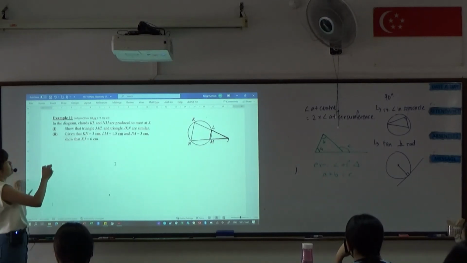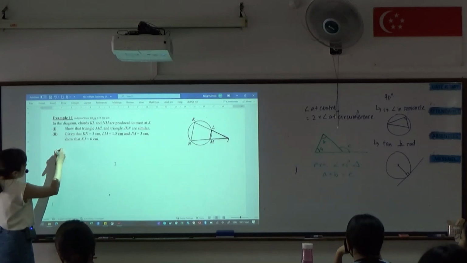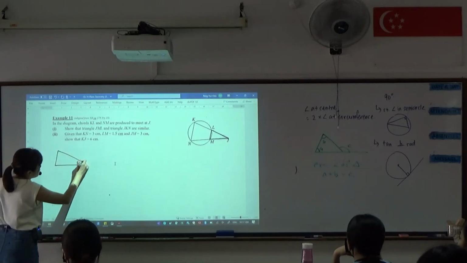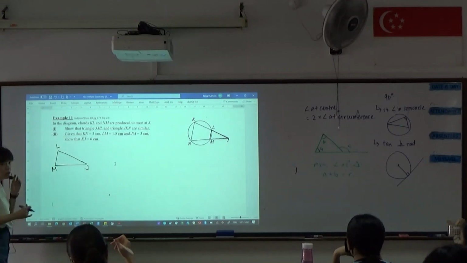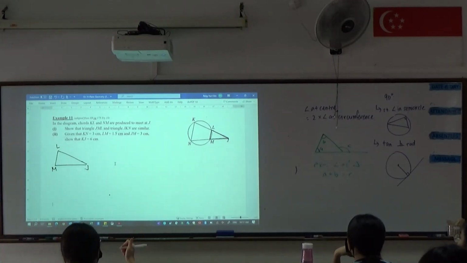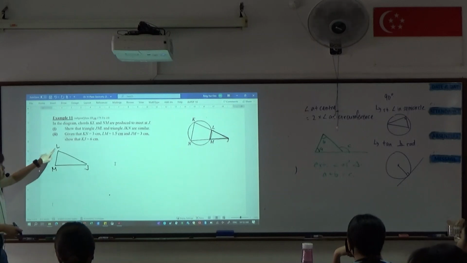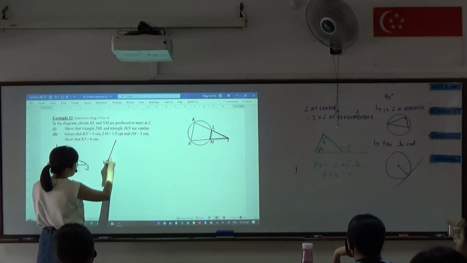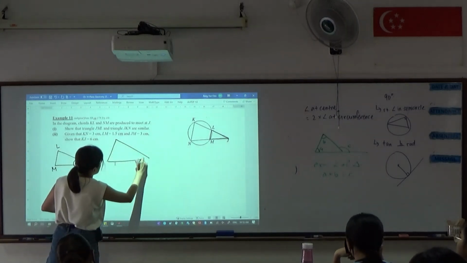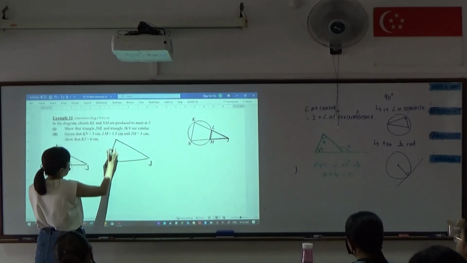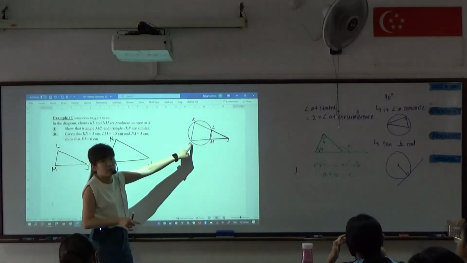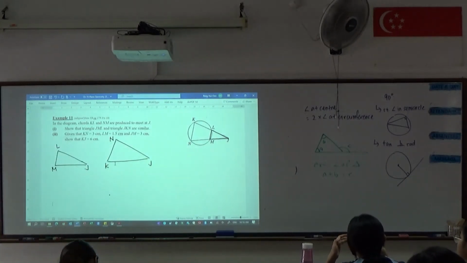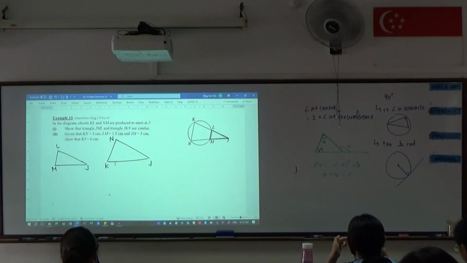That's why we should probably have a habit of drawing out the triangle to ensure that we do not get lost in the visual trip. Okay, JML is supposed to be similar to JKN. So it's a different orientation to what is being presented.